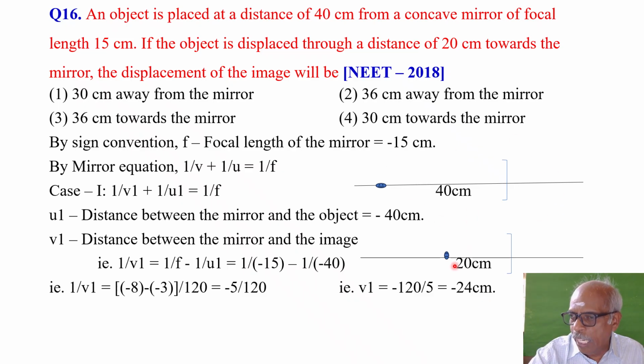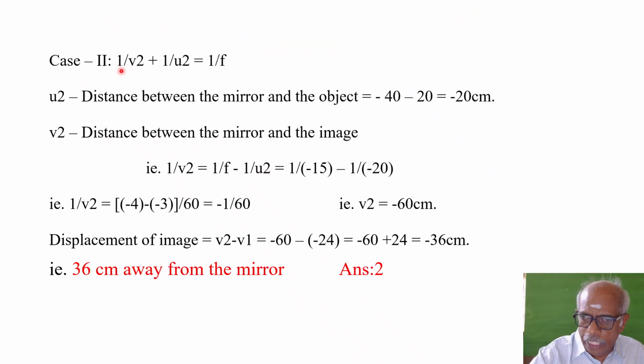What about case 2, sir? We'll see. So case 2, 1 by v2 plus 1 by u2 is equal to 1 by f. Already you know that u2, distance between the mirror and the object: you are moving towards the mirror by 20 centimeters. So minus 40 plus 20, it is equal to minus 20 centimeters.